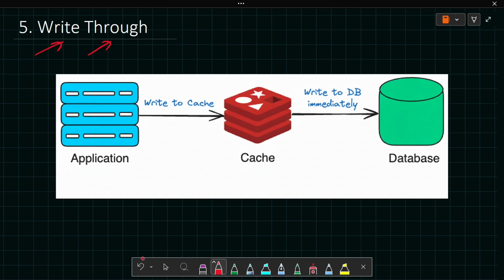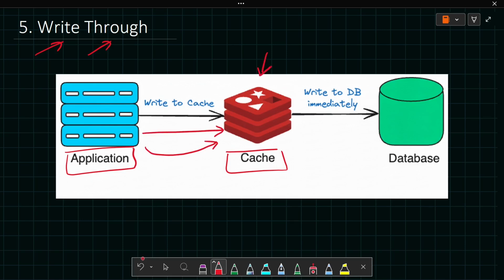So the application is making a request, and the request goes from the application to the cache, and you are writing it there at the same time. At the same time you are also writing the data to the database as well.